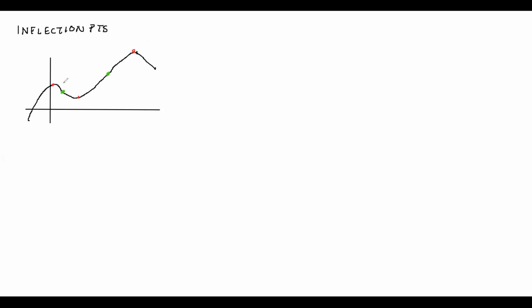What does an inflection point mean? Yes, it means that I'm going to be switching from positive to negative second derivative, or from negative to positive. How does that correspond in this graph? What am I looking at in this graph? I'm going to be looking at concavity.